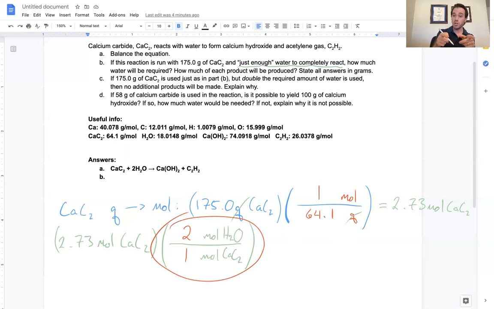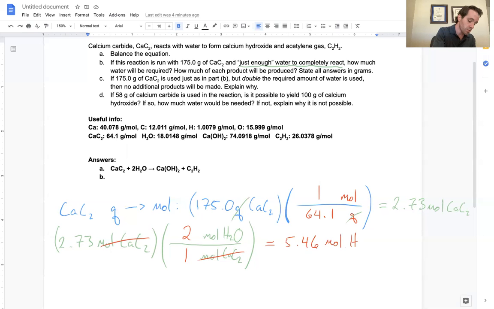And so this fraction is equal to 1 as long as we're talking about this reaction. The arithmetic is easy. You multiply by 2. The units cancel, and you don't even need a calculator for this one. It's 5.46 moles of water.